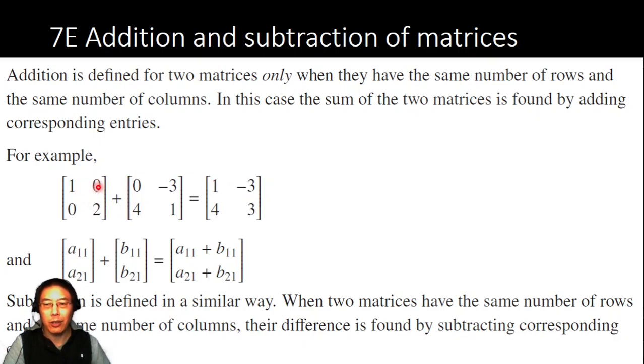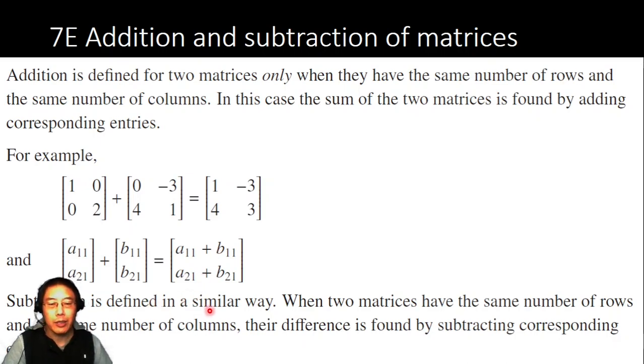First row, second column, 0 plus -3 will be -3. So here's a summary of how to add also 2 rows, 1 column, so 2 by 1 matrices. And what you end up with is one matrix of the same dimension.